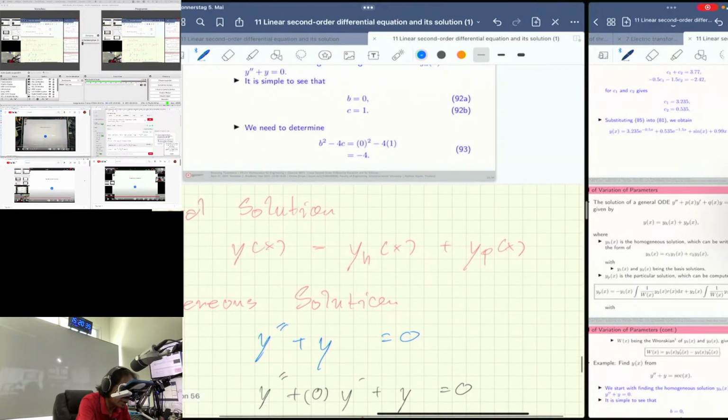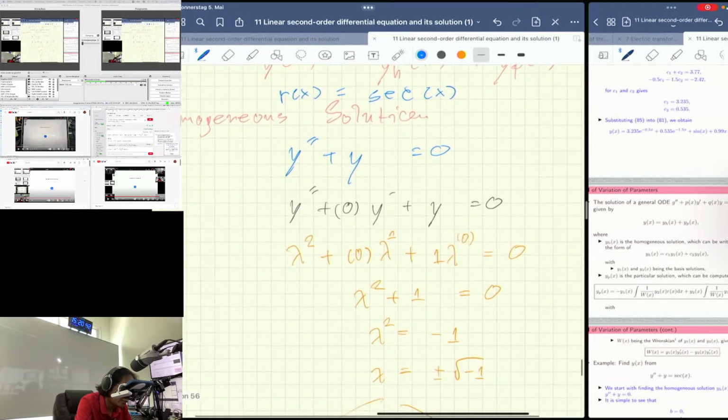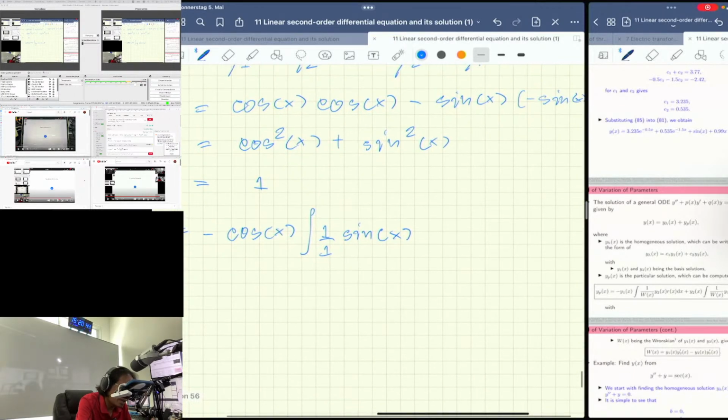Please note that g(x) is sec x, and here we will say this is sec x dx, right? And plus the second term, which is y2, sine x, and integration of 1 by 1. Once again, the Wronskian is number 1.